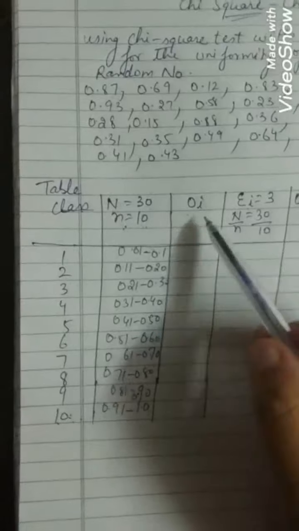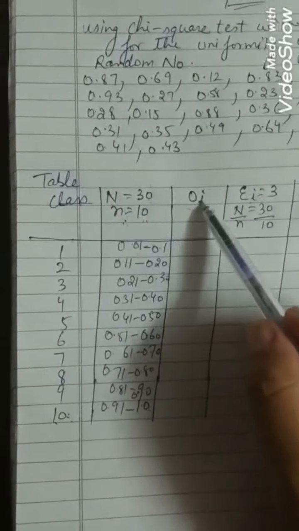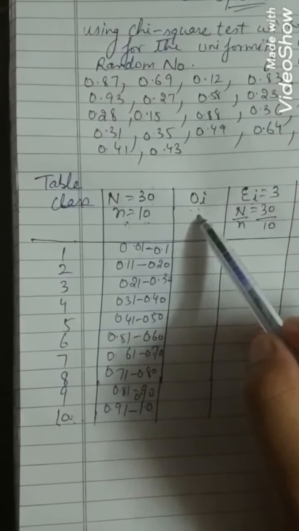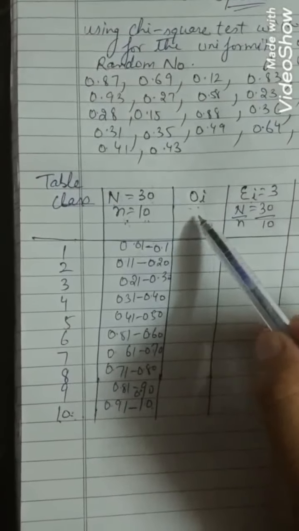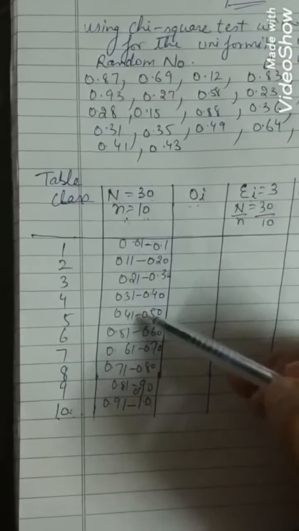Now how do we calculate Oi? Oi is the observed number, calculated by counting the random numbers which fall under a particular range.